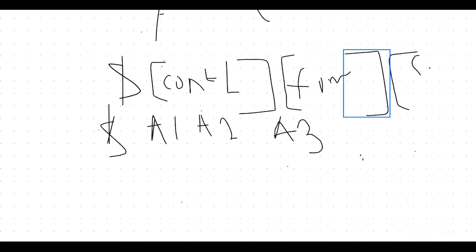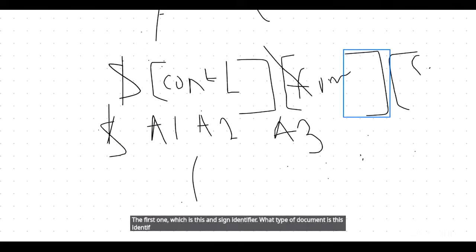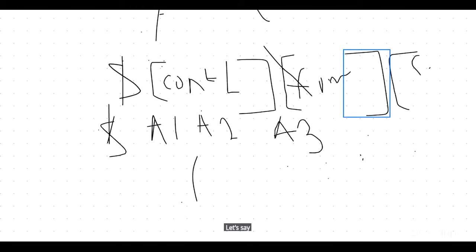Now note this one down. The first one, which is this and sign, identifier. What type of document is this? Identifier. Now, the second one, let's say this first letter, E sign, give it the name technical field code.